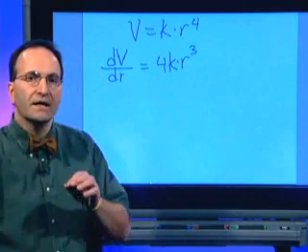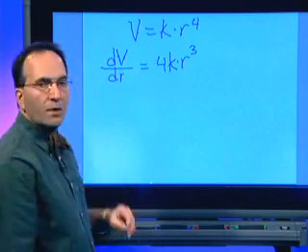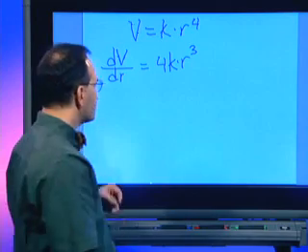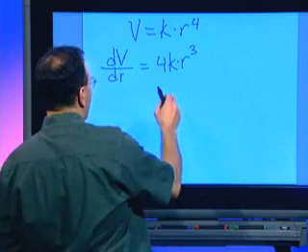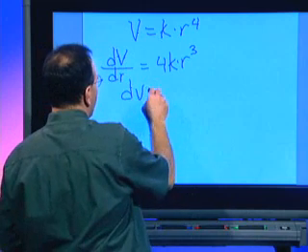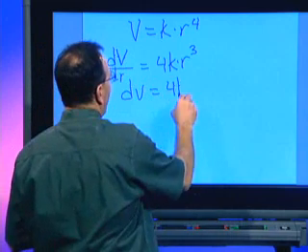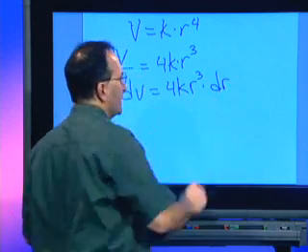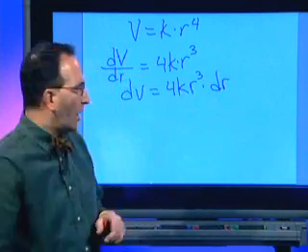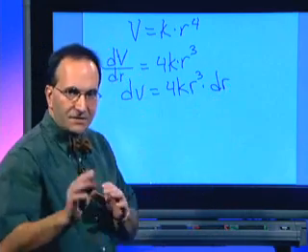So that's my derivative of the volume with respect to R. Now, what I'm interested in here is that we have dV, which is equal then to 4K R cubed times dr. All right, so we're interested in that dV.